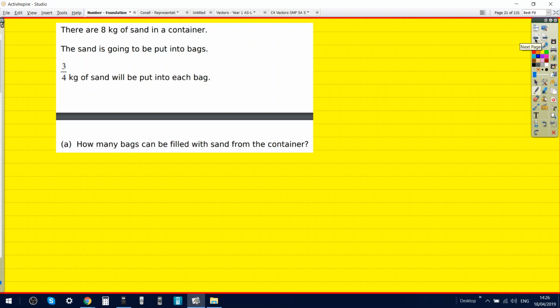Okay, let's do this one. So it's an 8 kilogram sand container. Sand goes into the bags. 3/4 kilograms of sand will be put into each bag. How many bags can be filled with sand in the container?